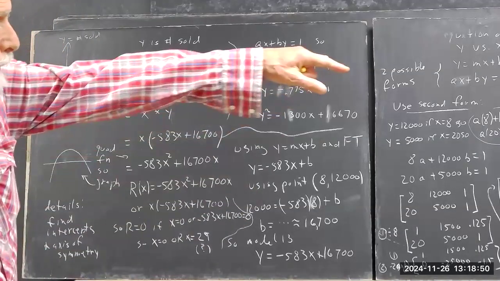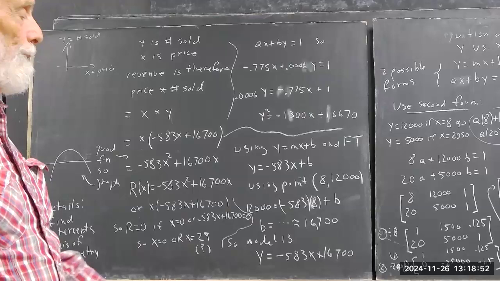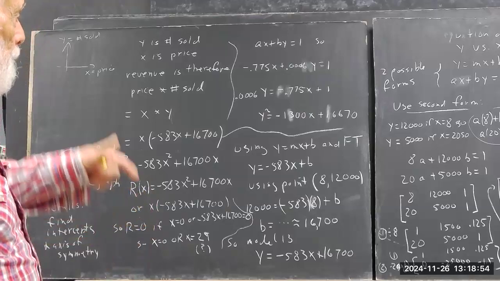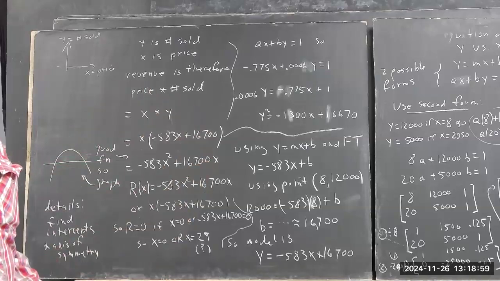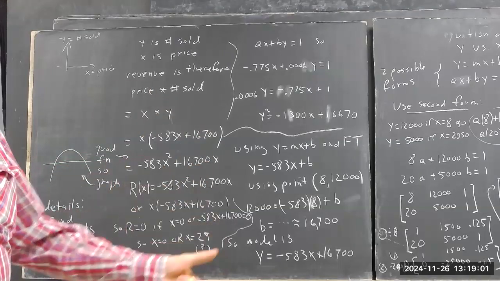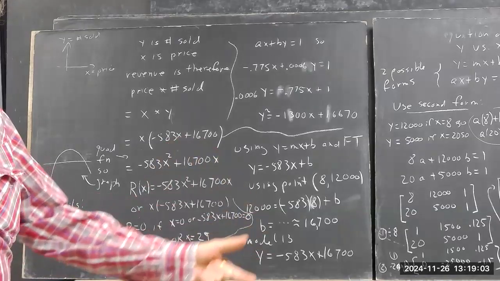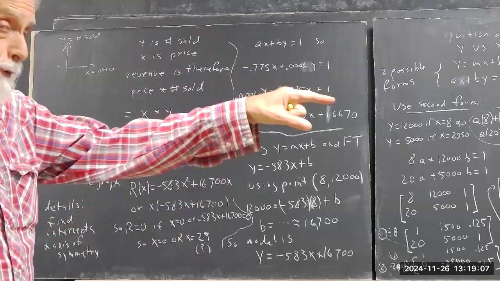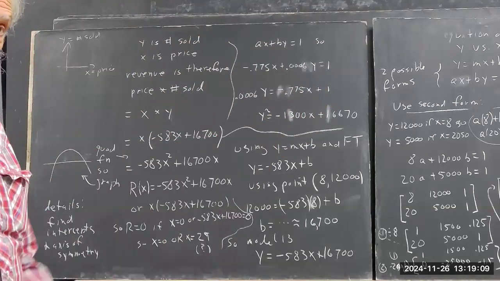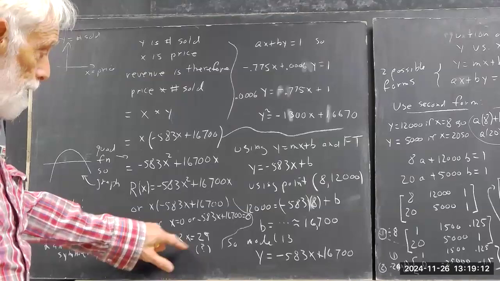Okay, we already looked at the graph and saw that the demand function is 0 when X is around 30,000. Well, if the demand is 0, we're not going to sell any, we're not going to get any revenue. Revenue is going to be 0. So this is consistent with looking at the graph and saying it looks like 30,000. I did a calculation. Let's just say it comes out 29.